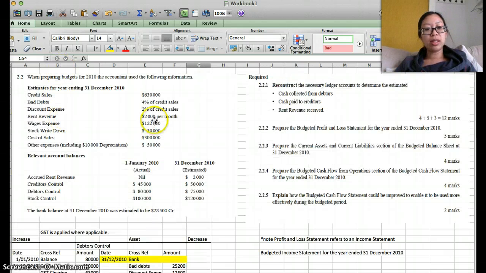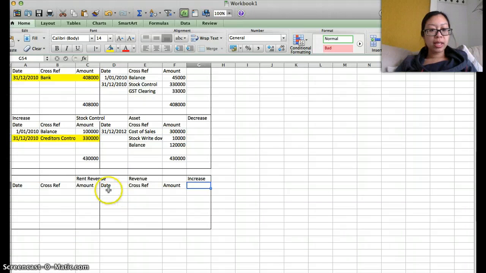Rent revenue is $2,000 a month. We must rent out a room or something to someone and they pay us $2,000 a month. Nothing was owed at the start of the year, but by the end of the year, $2,000 was owing to us. So that's an asset because it's owed to us. So that means that during the year, we must have received 11 months at $2,000 a month.